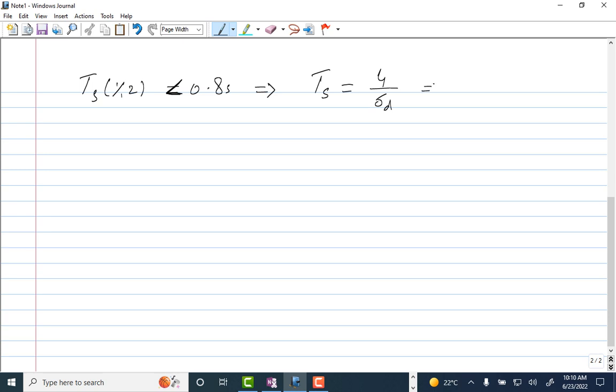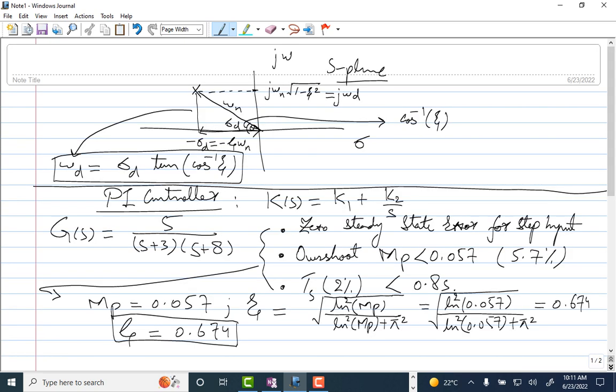So from here we can calculate sigma d equal to 4 divided by 0.8, which if I solve it becomes 5. So I get two values. As in the previous slide, I need two values for this desired point: one is sigma d that I calculated, and the other is zeta, which will be used to calculate omega d.